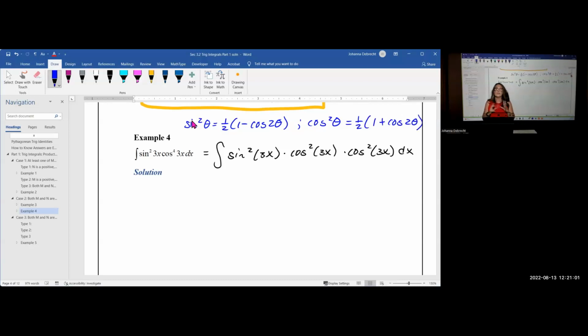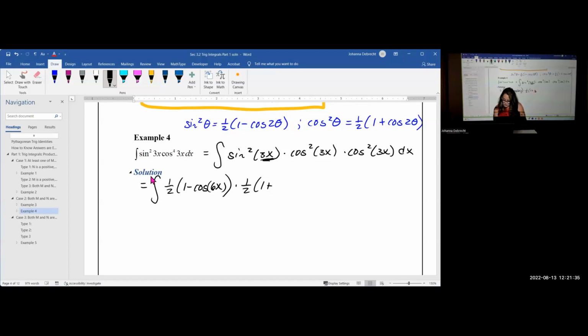Okay, so now we need to individually convert each one of these using the formula. So I have the integral of 1/2 times 1 minus cosine of, not 2 theta, I need to double the original argument, which was 3x, so it becomes 6x.